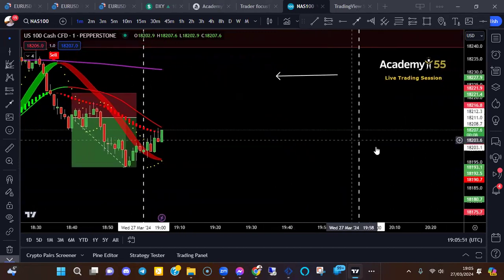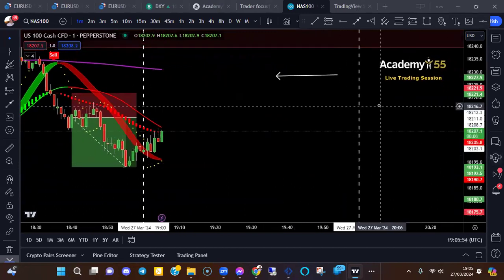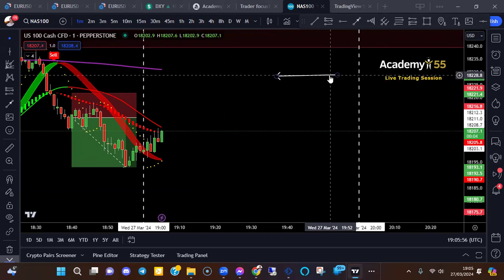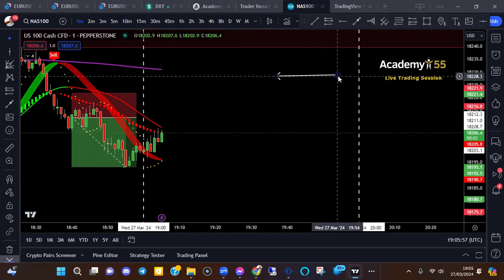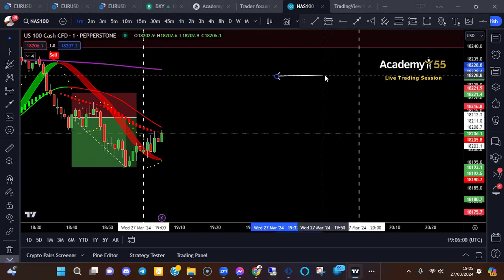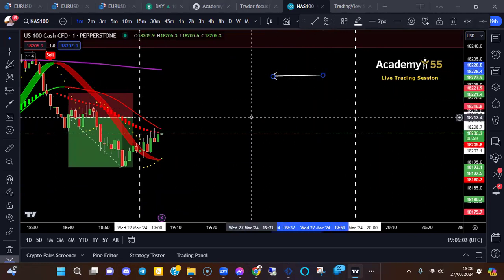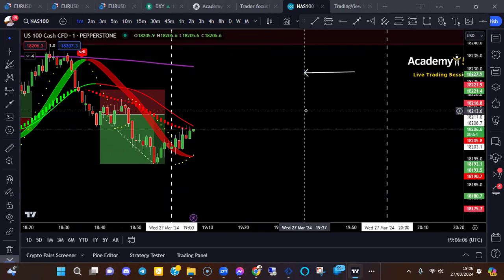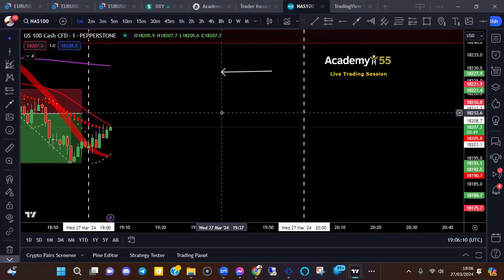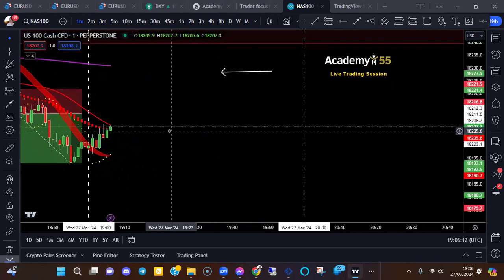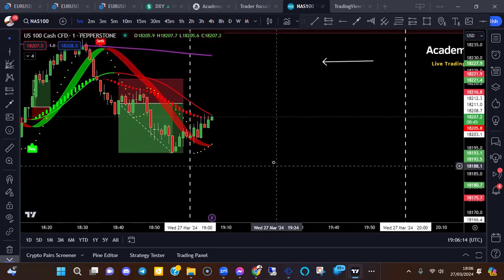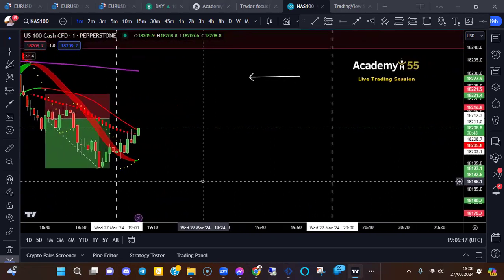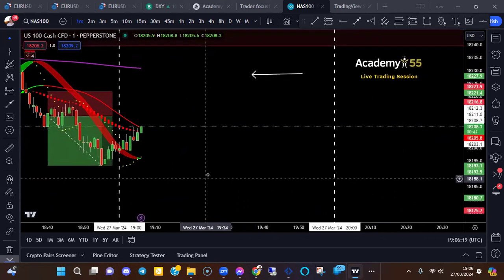I wanted to get people into the habit of trading between 7 and 8. So we tried an hour later because I did have some good results a week or two back between 7 and 8. But the later we get on into March, the more difficult things have become, I find anyway.